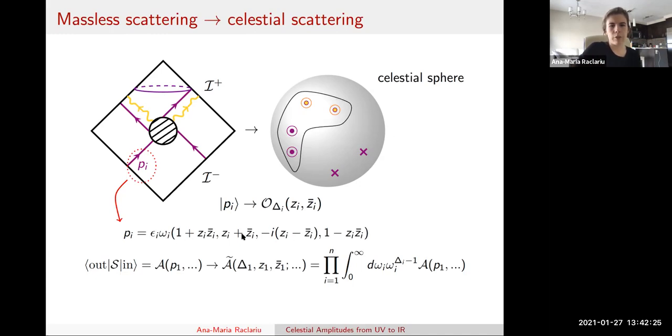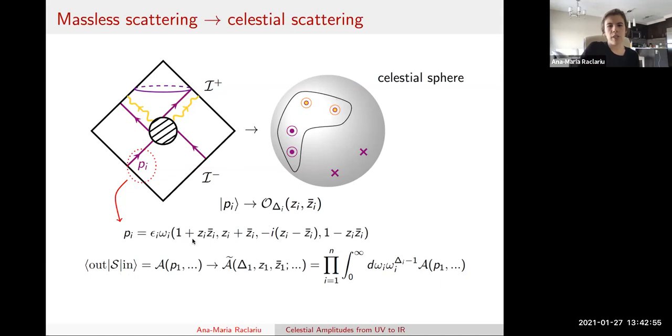So this is the parametrization we're going to be using in this talk. This is the same vector as before, it's a null vector, and this omega here is the energy of the particle. And epsilon I is just a sign labeling a particle as incoming or outgoing. Now, we would like to take the scattering amplitude and construct from it an object which just lives on the celestial sphere.